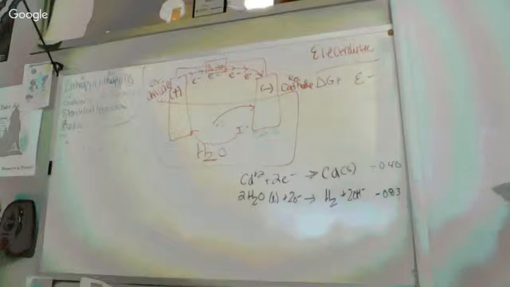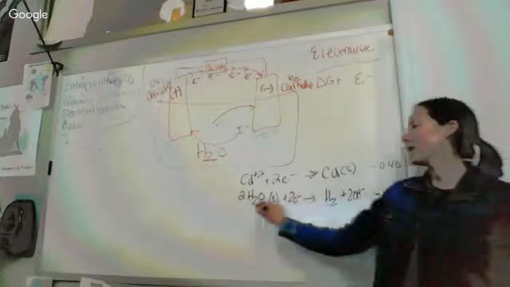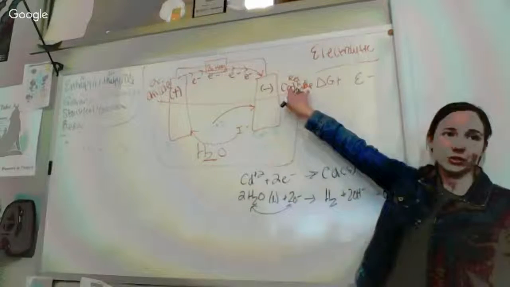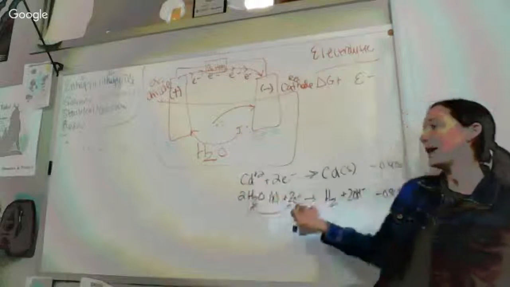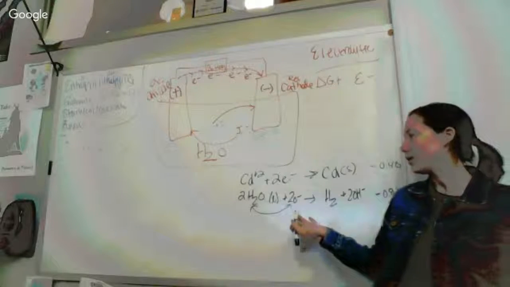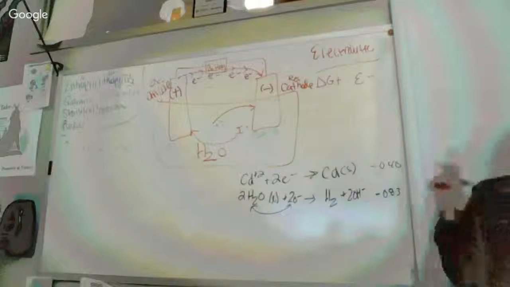I picked this water equation because here water is coming together with electrons, and we're talking about reduction. So I need water to be gaining the electrons. That's where we talked about them being on the same side of the equation. So I have to pick this water equation as opposed to the other water equation where water and electrons are separate.